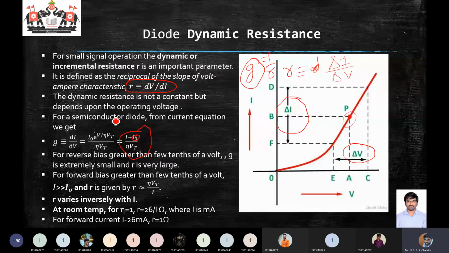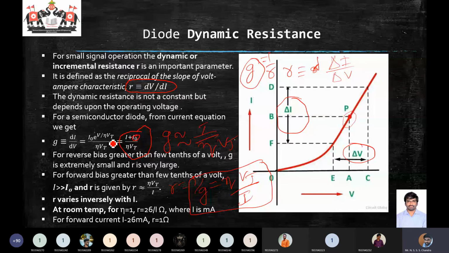So if I neglect I naught, in forward bias your conductance will be nearly equal to I by eta Vt. So your resistance will be equal to 1 by G equal to eta Vt by I. That's what you are getting, the dynamic resistance.